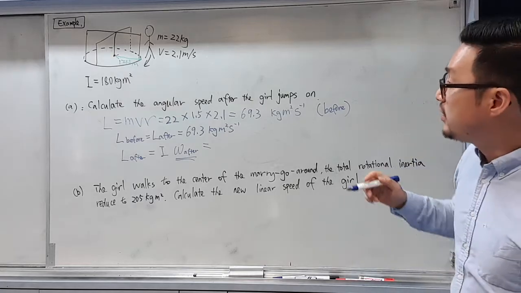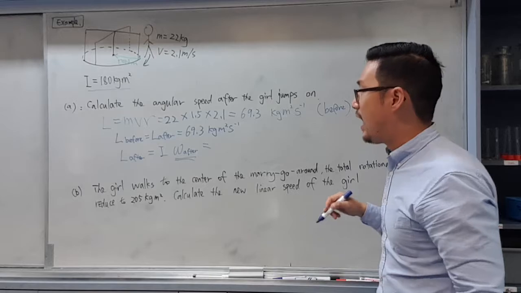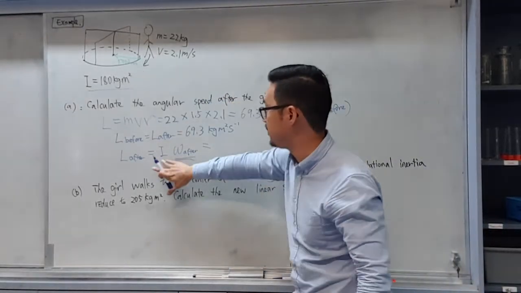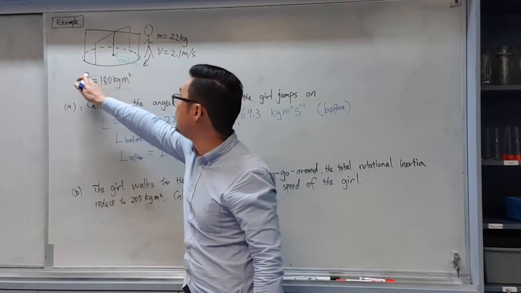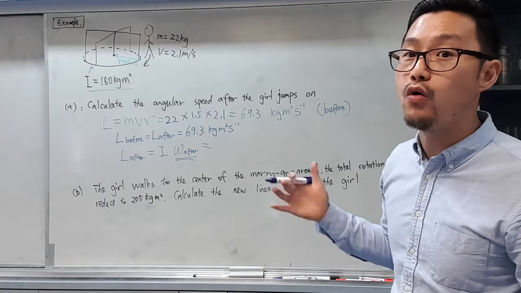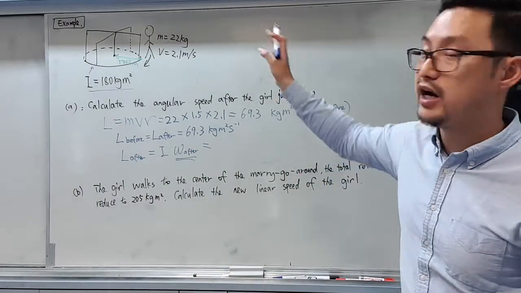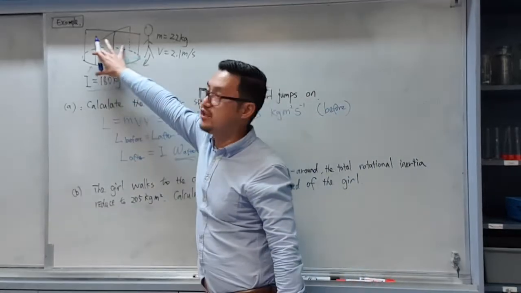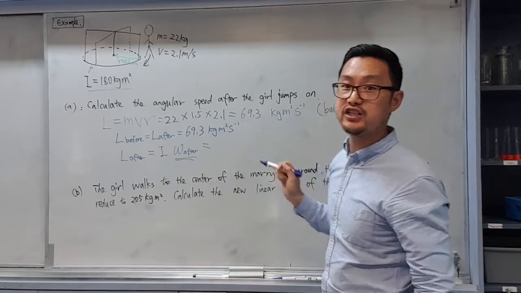However, it gives us the I over here, but I cannot put this I straight in. This I is the I of the merry-go-round itself. It's not the I of the total system, because after the girl jumps on, this one has a rotational inertia and the girl has a rotational inertia as well.